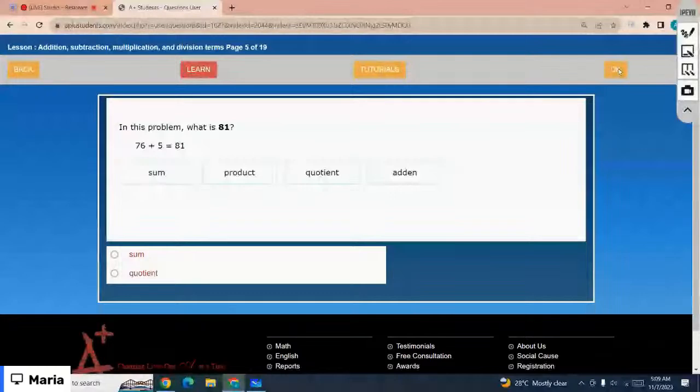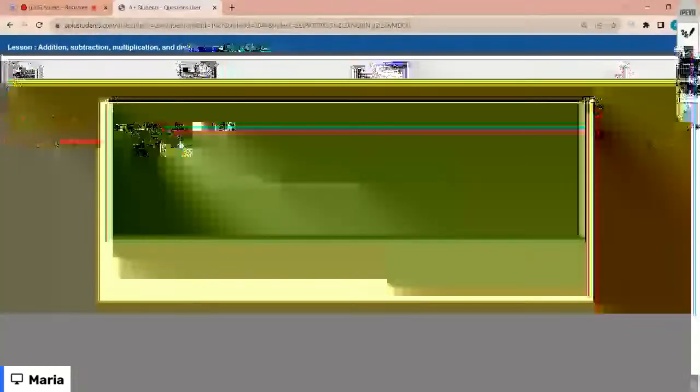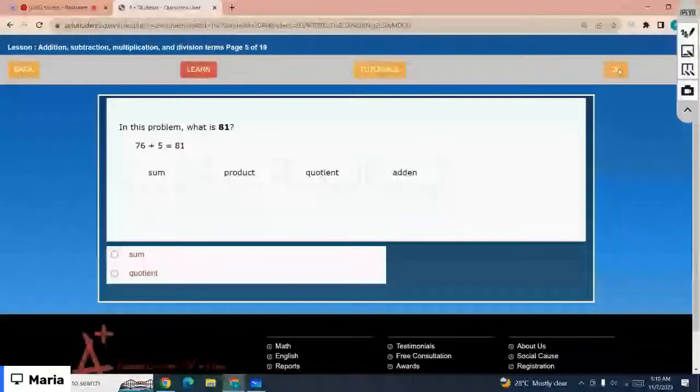The correct one is the sum. Please focus on the lesson we are going on.